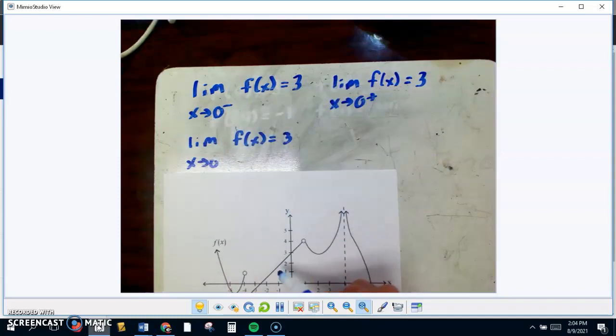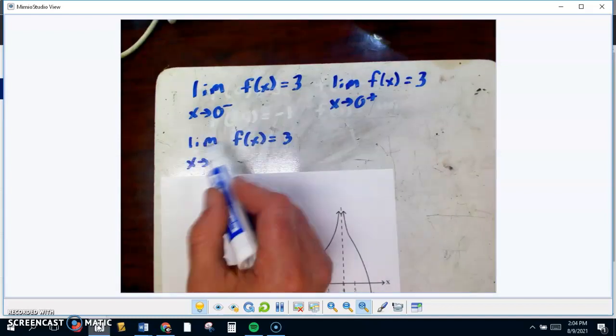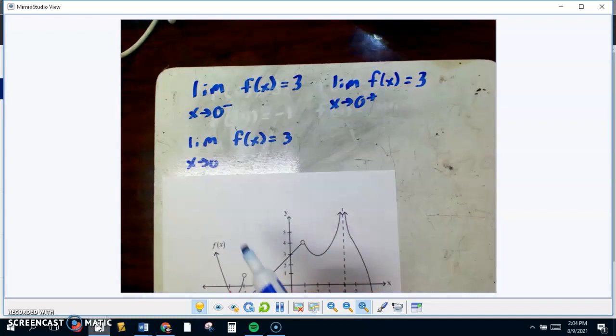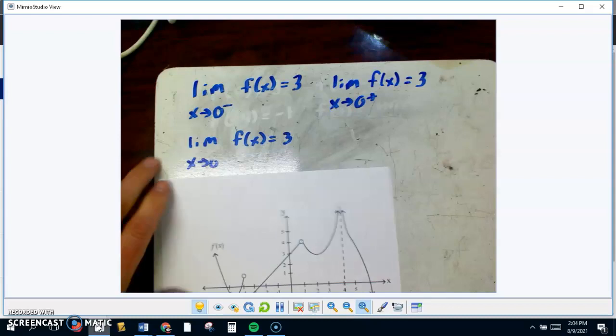That just means from both sides it's approaching 3. Again, most of the limits we're going to take are going to be without a plus or minus here, because most limits are the same from left to right. Now, for these early examples, we'll have several limits that are not the same from left to right.